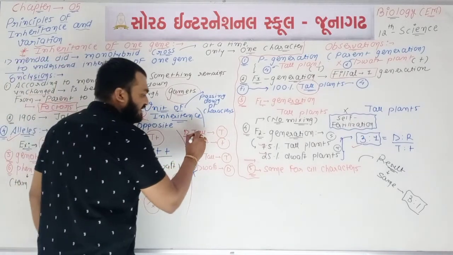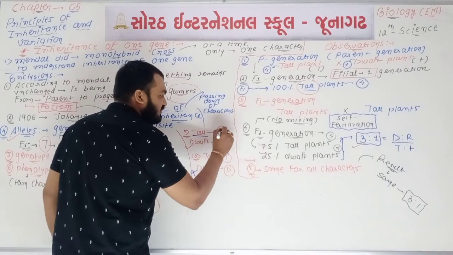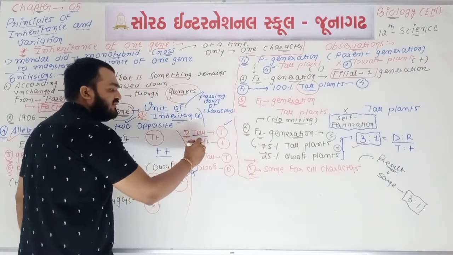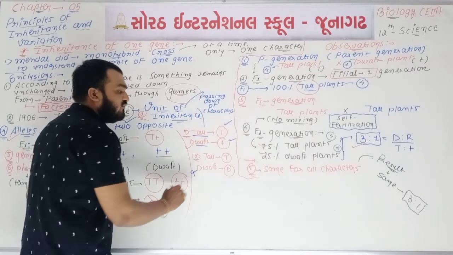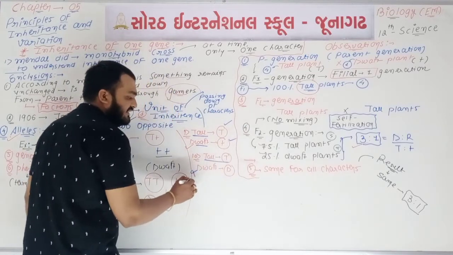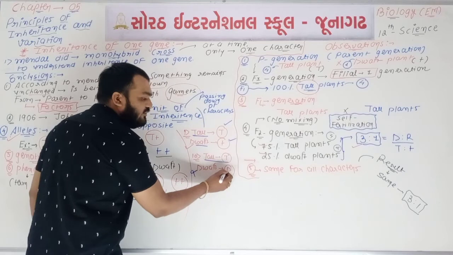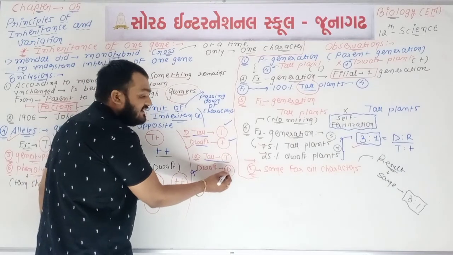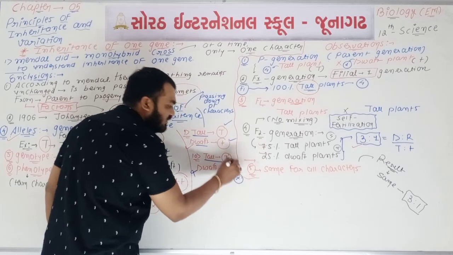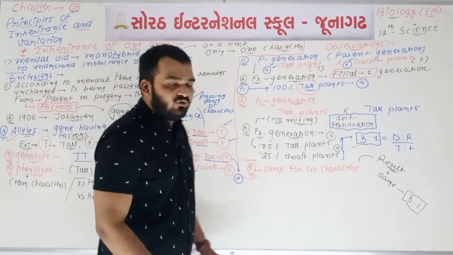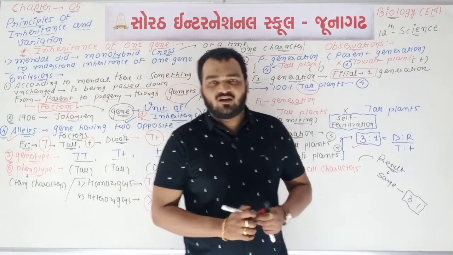If for dominant you are using capital T, then for recessive you must use small t. You will not use capital D. You will only use small t, meaning the opposite of capital T. It is one type of rule. So today's lecture is 100% completed.